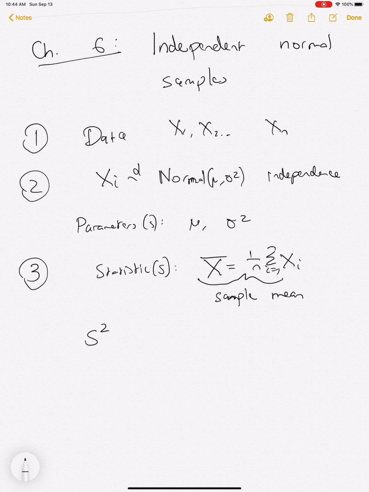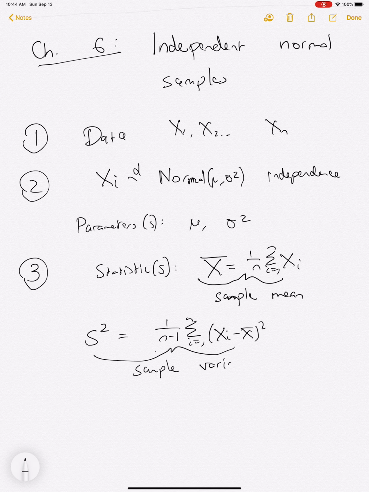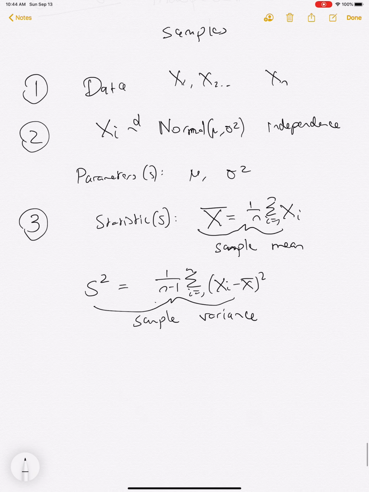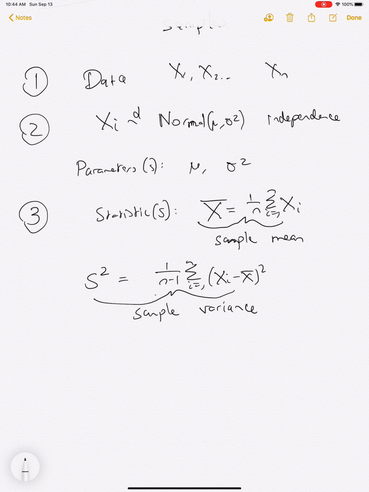Then we also saw the sample variance. And then we also had this t, which we occasionally saw, which is the t statistic.